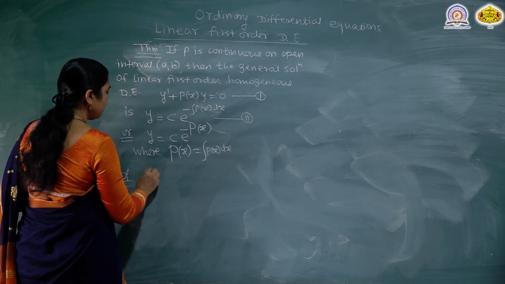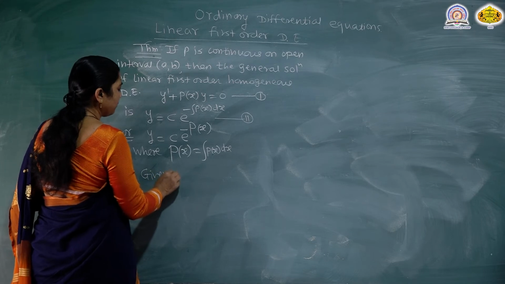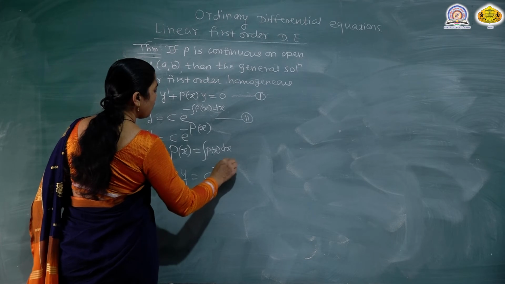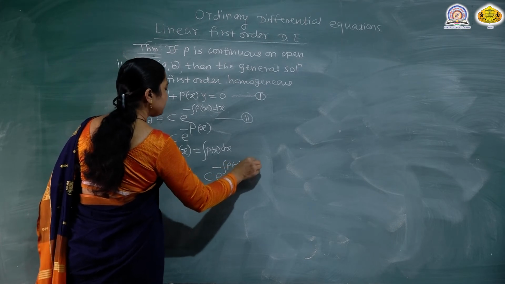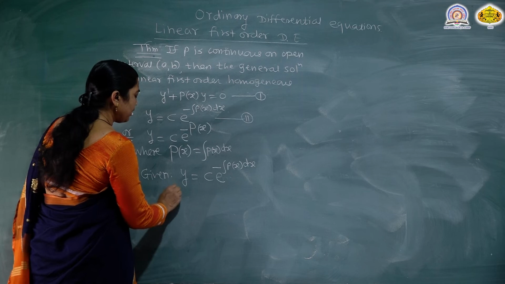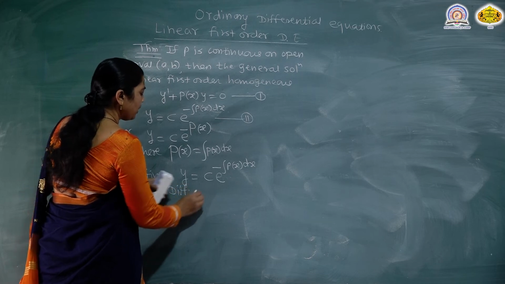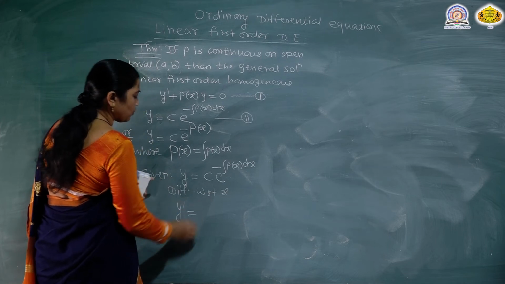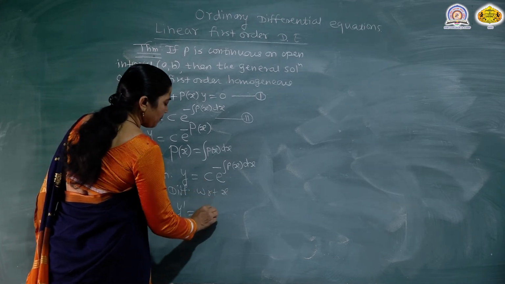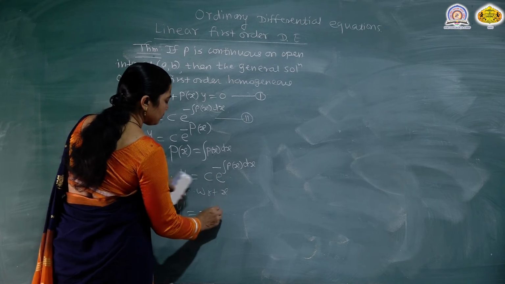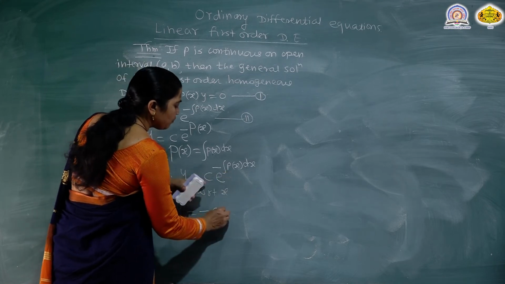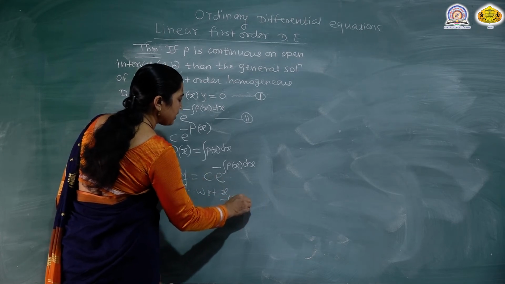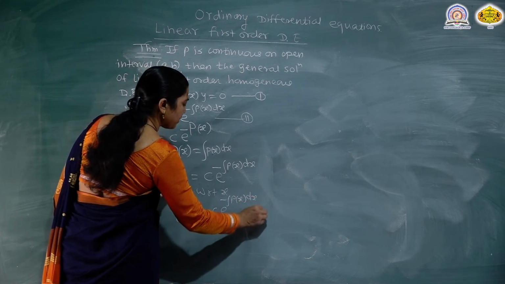So, consider firstly the first part, that is we have given that y is equal to c e raised to minus integral px dx. Differentiate this y. So, differentiating with respect to x, we get y dash is equal to minus c, derivative of e raised to integral is minus integral px dx, and into px.